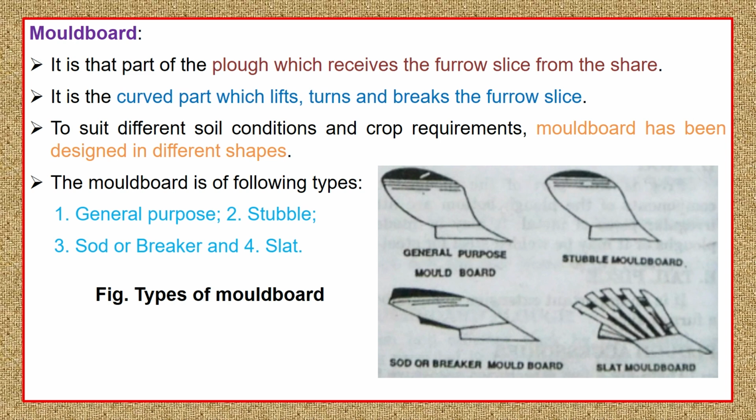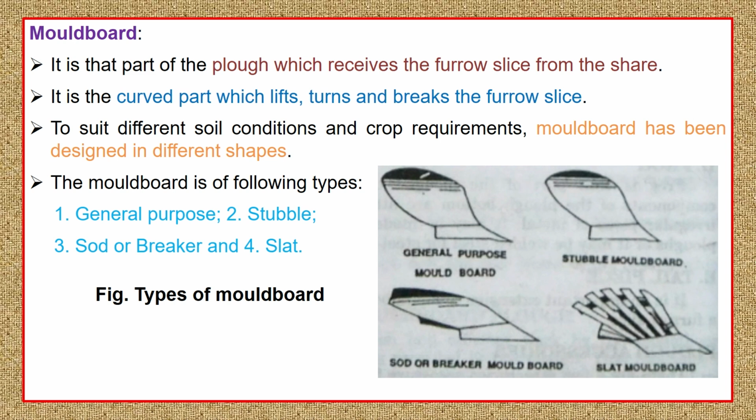As the soil is received from the share, it is lifted up and inverted. So the soil mass is inverted, and the soil will be more pulverized, because the curvature of this plough moldboard is gradual.